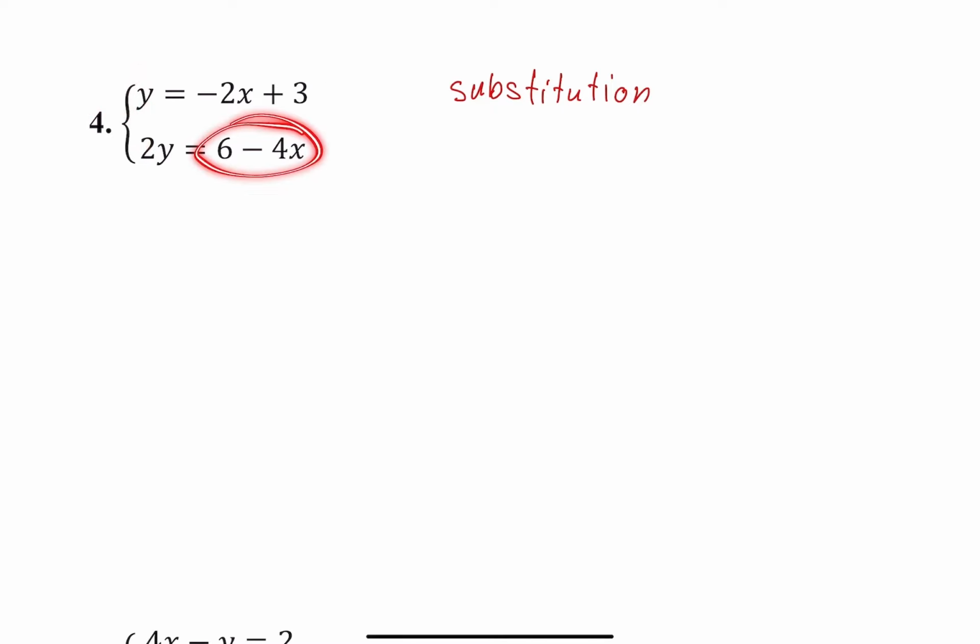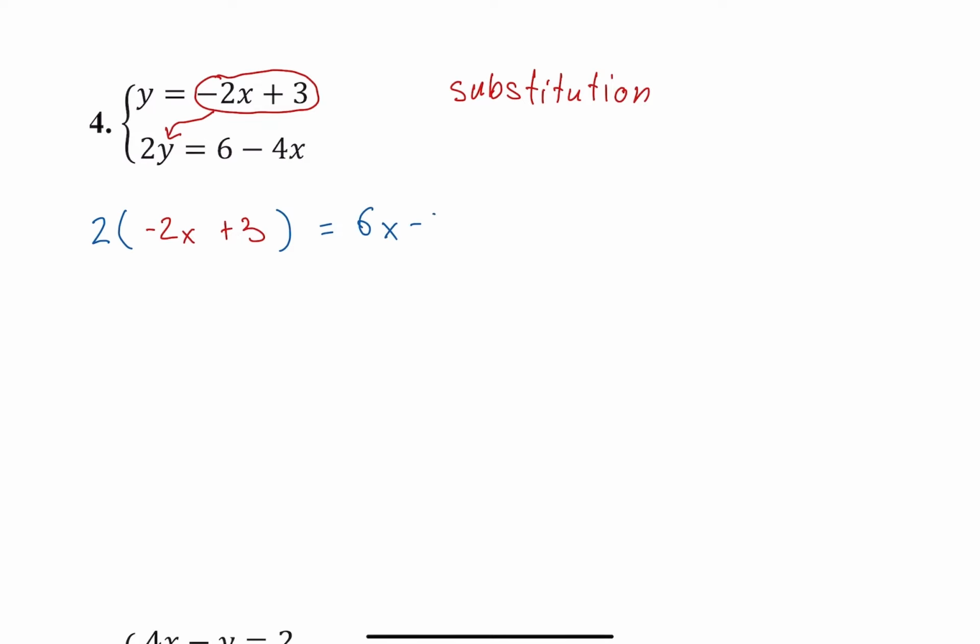You would have had to rearrange things, so it's a little annoying to do addition, but it's not too bad. But I'm going to take what's already solved for y and plug it in here. So I end up with 2 times what I'm substituting in, minus 2x plus 3, equal to 6 minus 4x.